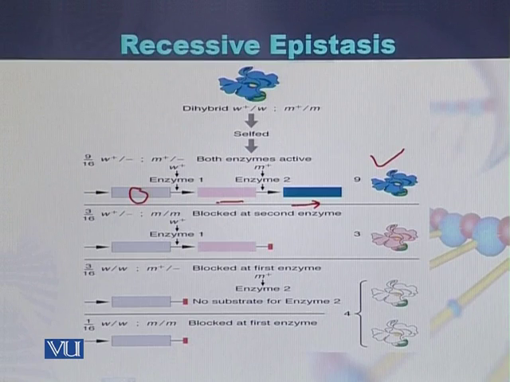While if enzyme 2 is not active or does not have an effect on the precursor 1, then the color of the flowers will be pink. While if both the enzymes, enzyme 1 and enzyme 2, do not work, then the color of the flower will be white.